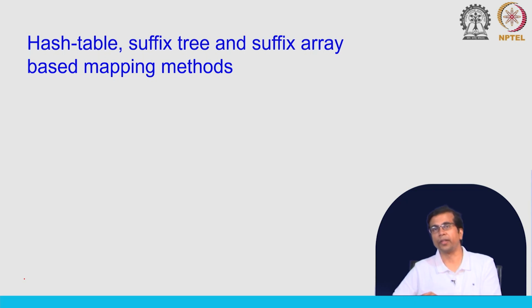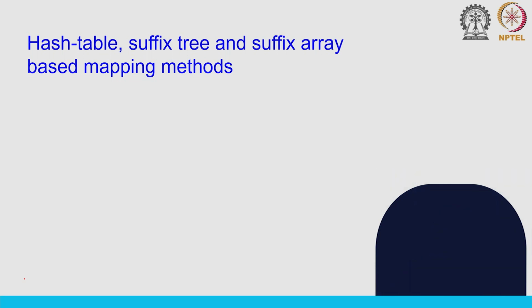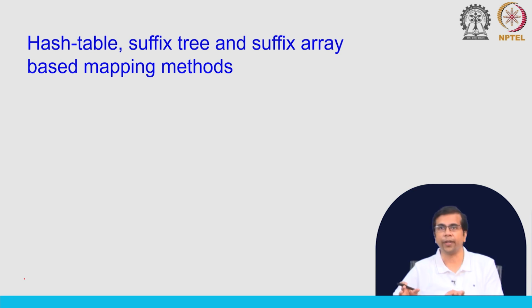Then we talked about suffix tree and suffix array based methods. These are related ideas, as they both relate to suffixes. We talked about how we generate suffixes from a reference sequence, then the tree representation and the array representation, their advantages and disadvantages, and how we can search sequences using the suffix tree or suffix array structure.